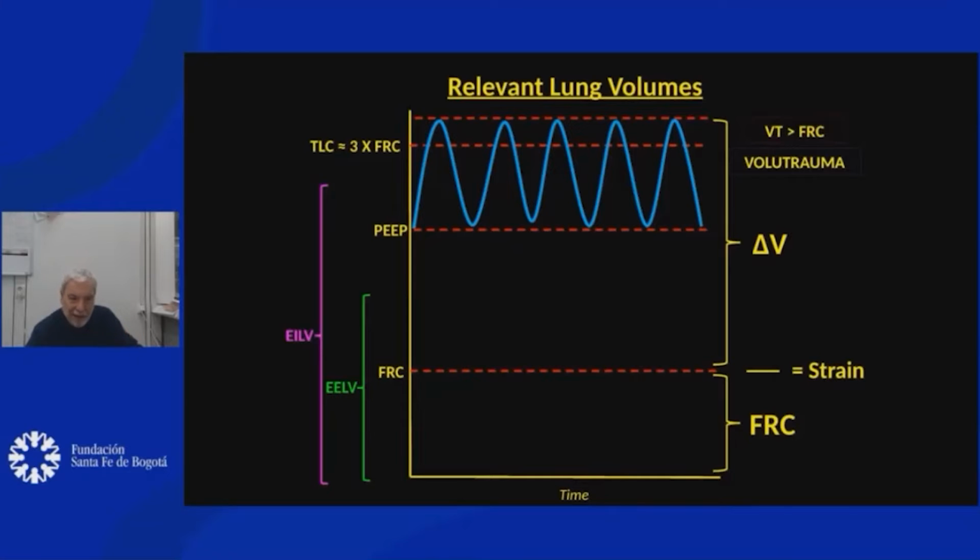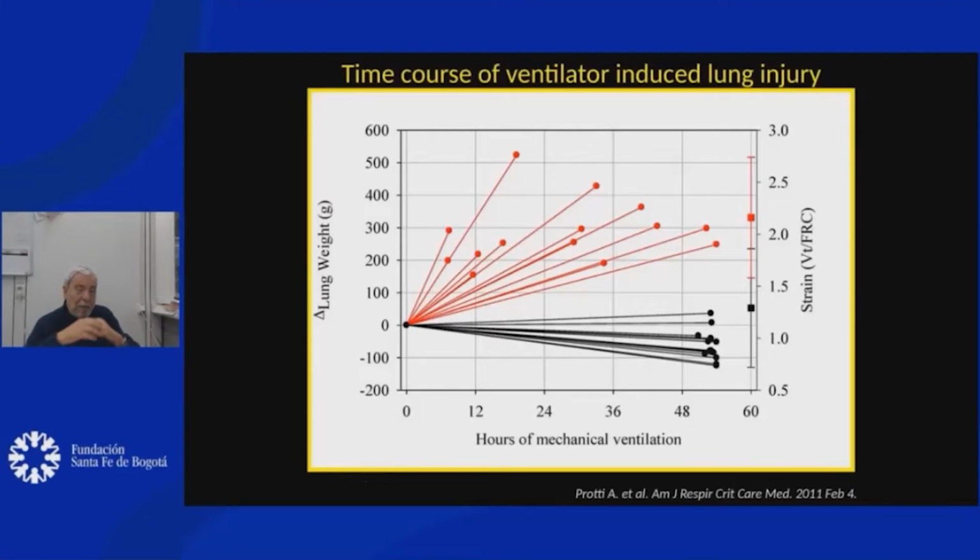I think, only experimentally, because in humans, the manifestation of VILI are the same as the manifestation of normal ARDS. So it's quite difficult to distinguish how much is due to the respirator, how much is due to the normal evolution of the disease.